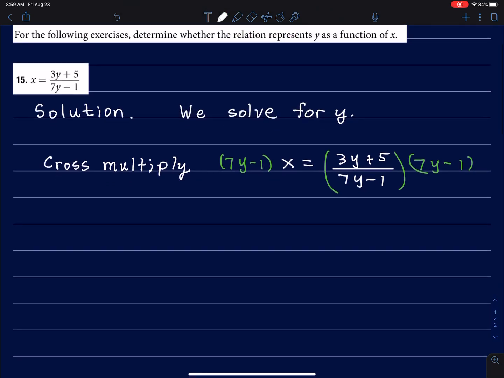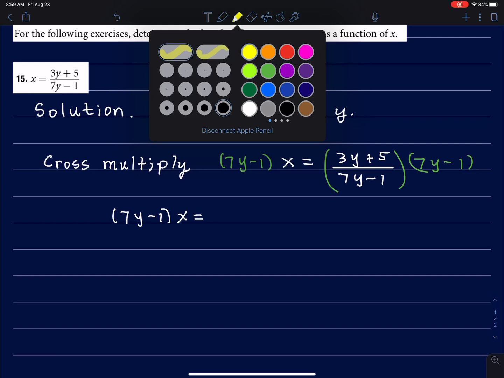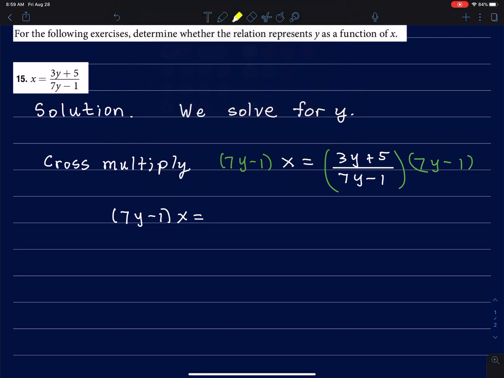So therefore, I'll have 7y minus 1 times x equals, and then we see there's canceling. 3y plus 5 is what's on the right-hand side.